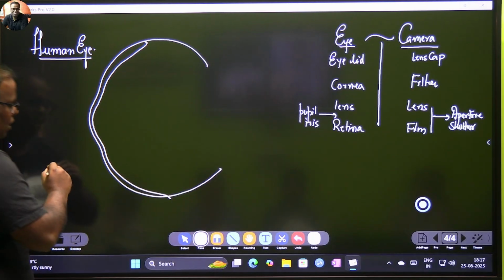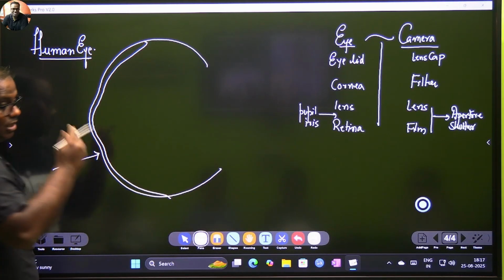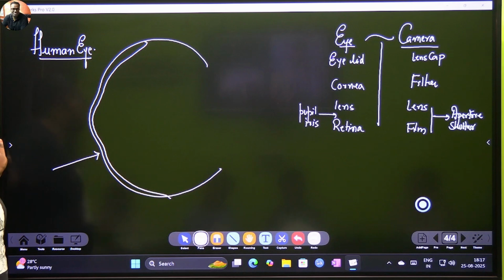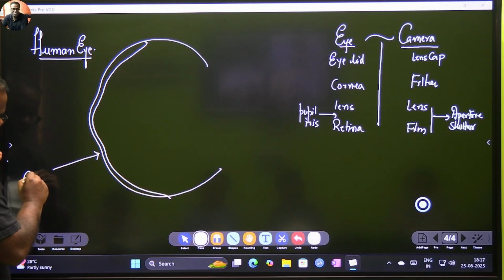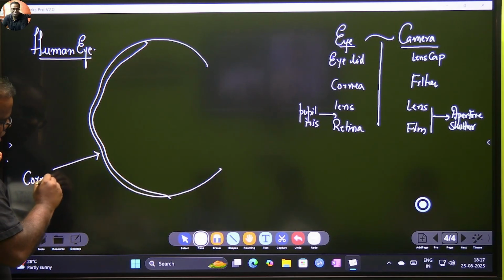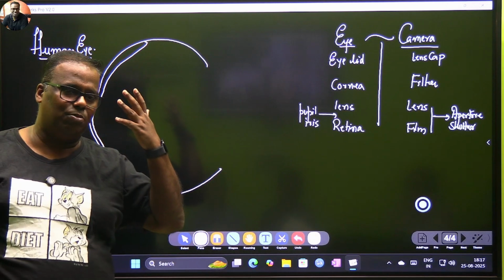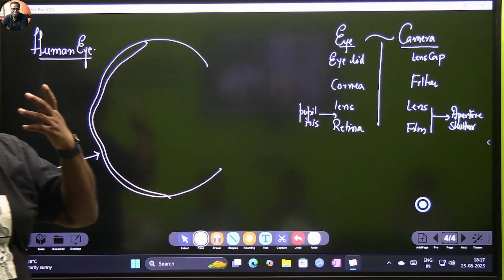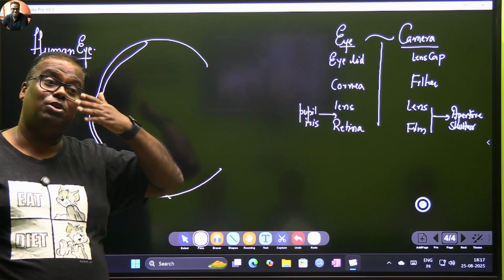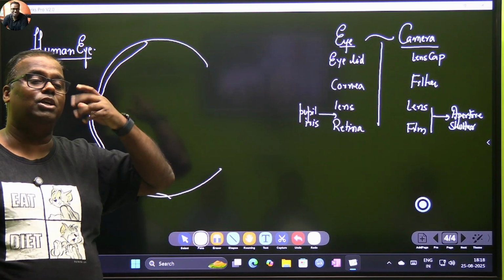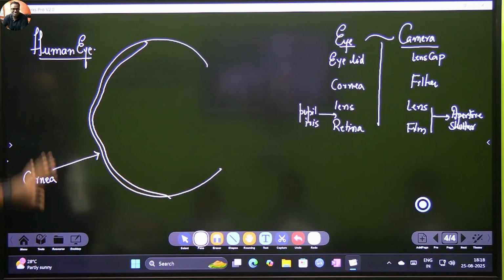This is the cornea, which is the first part of your eye to get injured. When you have an injury, it is the cornea that is the first thing that gets injured. The cornea is protected from dust particles and other things. It doesn't give you mechanical protection, like if somebody hits you, you still get injured, but it protects from dust and other things. It is protected by your eyelids.